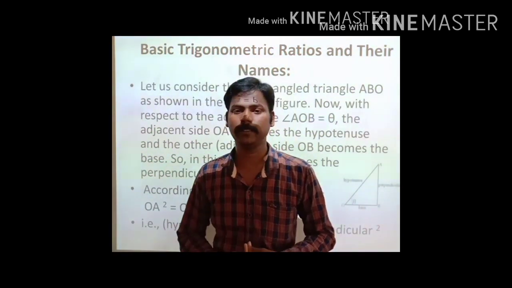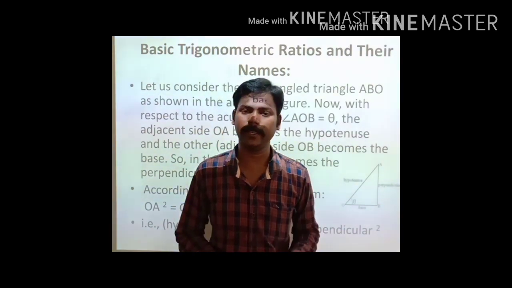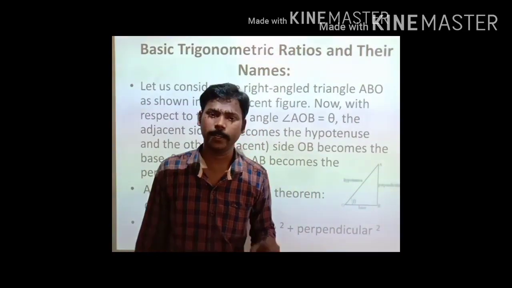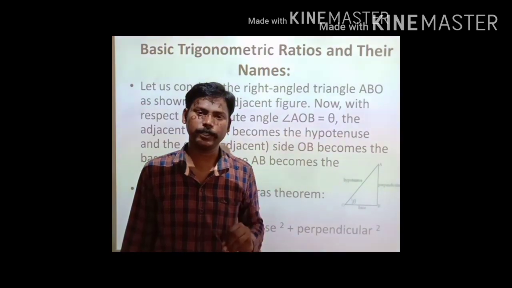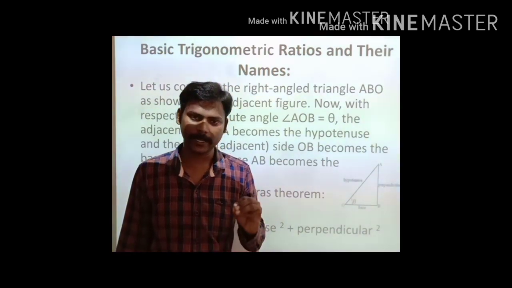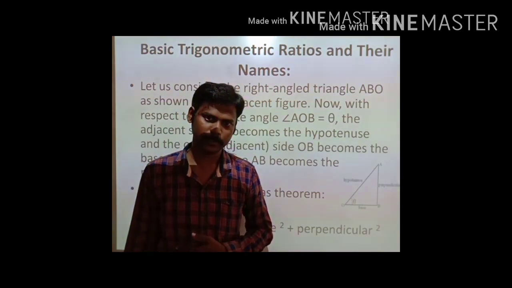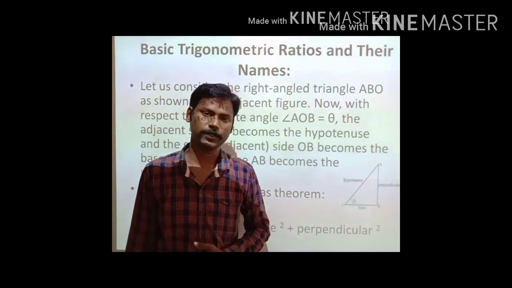So what is a right angle triangle? Remember, in a triangle, if one of the angles is 90 degrees, then the triangle is called a right angle triangle. The side which is opposite to the 90 degrees angle is called the hypotenuse. How to pronounce it, children? Hypotenuse.